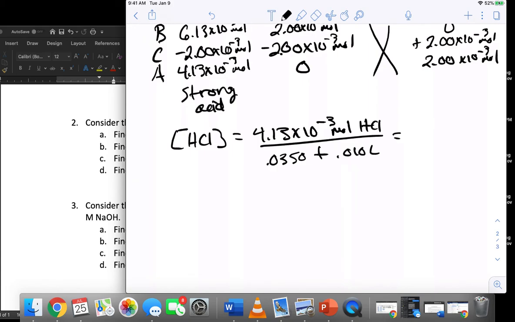And now I can calculate what my concentration of HCl is approximately. And I get about 0.0918 or 0.092 molar. Now if I want my pH, pH would just be the negative log of that.